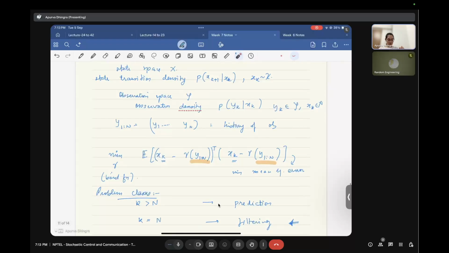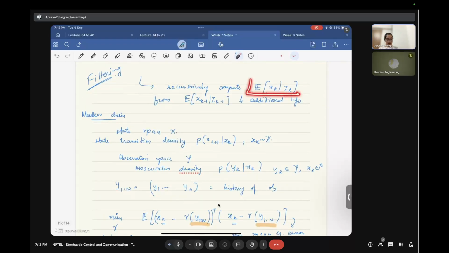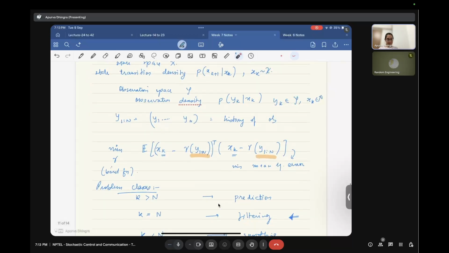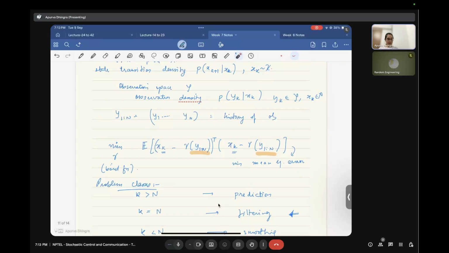Now, as pointed out earlier, this estimation is the solution to the following problem. So the problem is, suppose there is a function on this history of observations. Using this, can we find out the true state at, let's say, the time step k? I'm not focusing on what this n is for the time being.